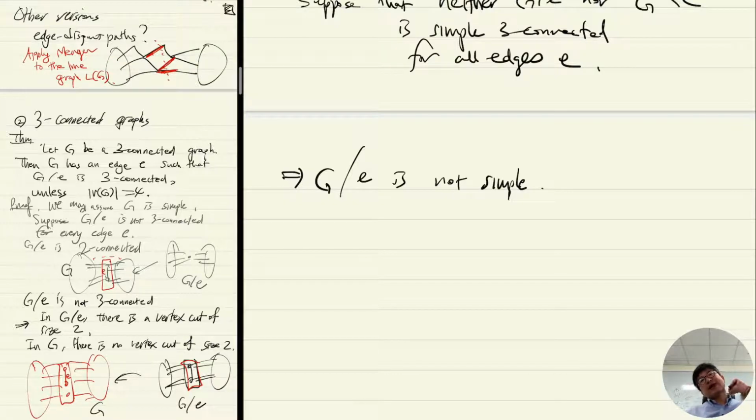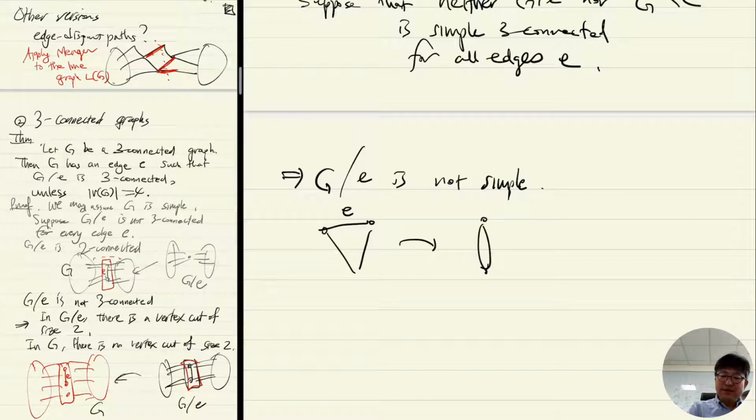When you contract an edge, how is it possible that the contraction leads to a non-simple graph? Well, the only reason is that it is in a triangle. When you contract, you make two parallel edges. That's why you have a graph which is not simple. So that means initially G had a triangle, a cycle of length 3, containing E.